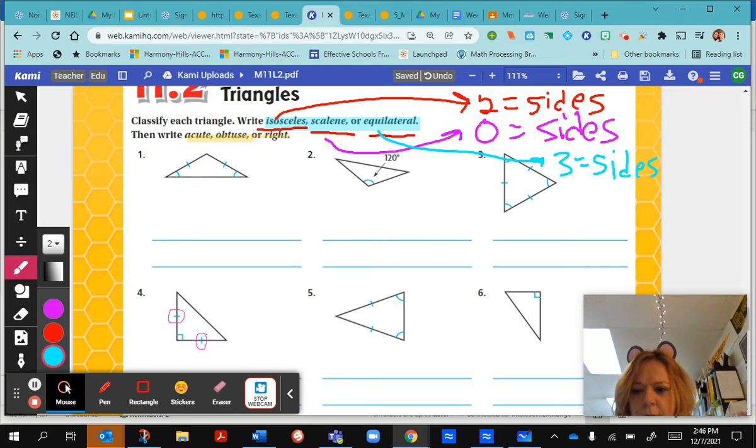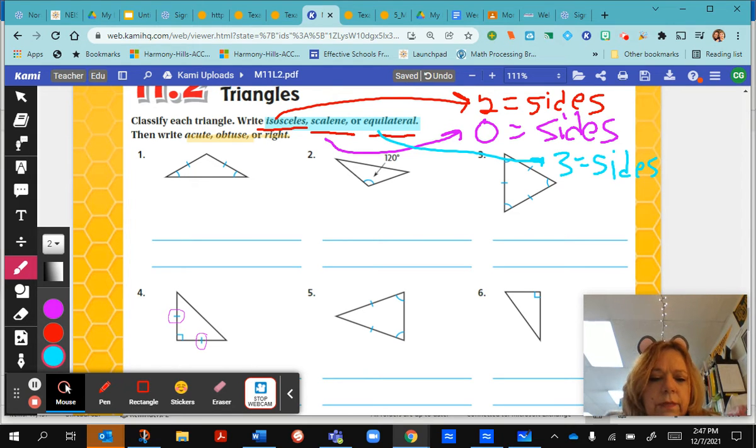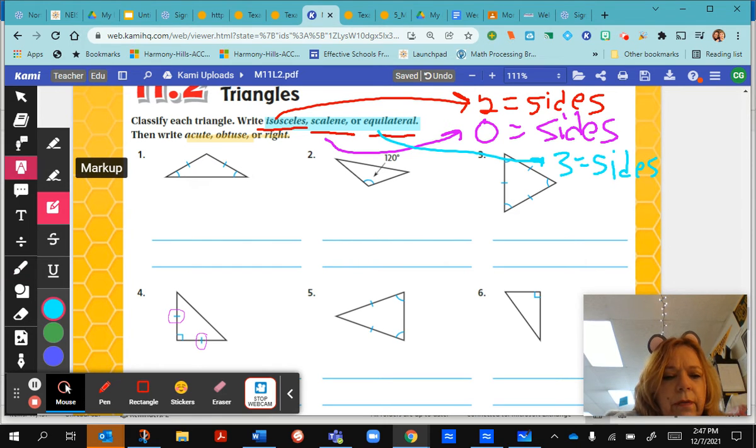All right. So now let's take a look at this first one. Let me highlight this part right here, and I will use my freehand highlighter. I have this right here and this one right here. There's two sides that are equal.